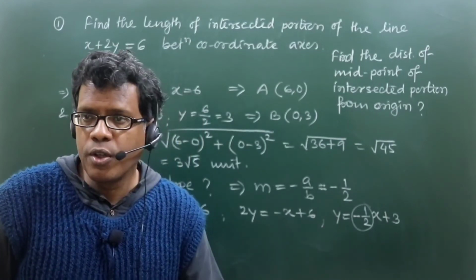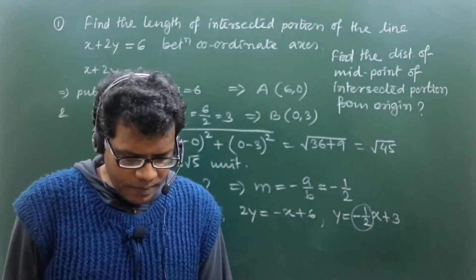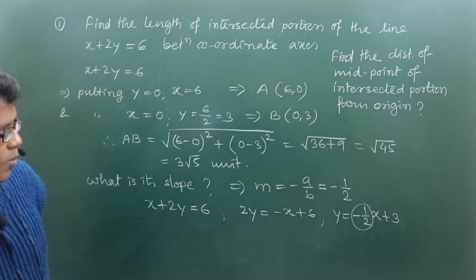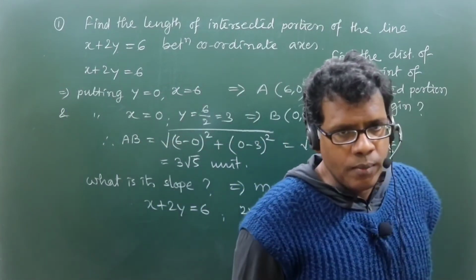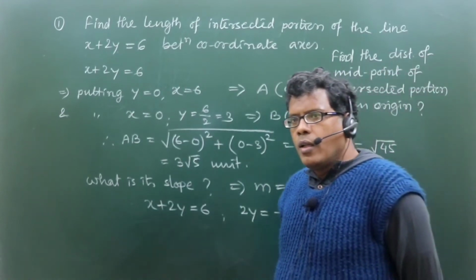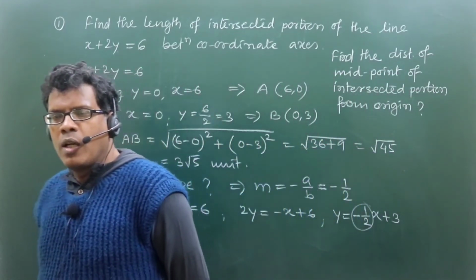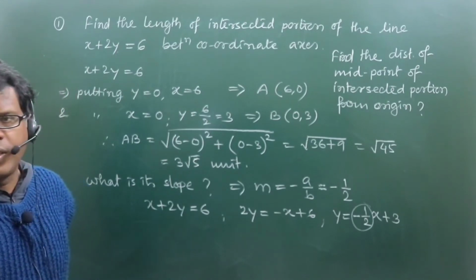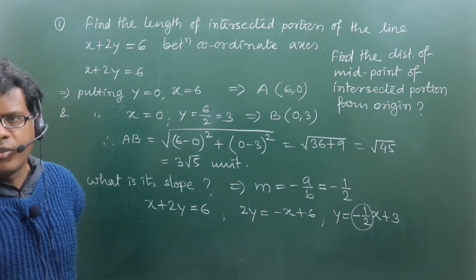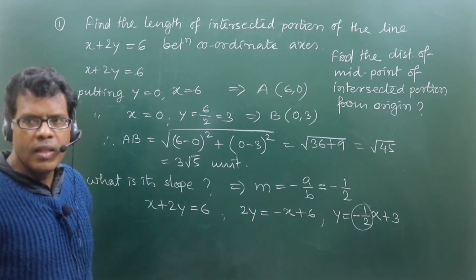What do you have to do for knowing this distance? Correct, section formula. By using section formula, we can come to know about that point which is midpoint of the intersected portion of the given line, right?